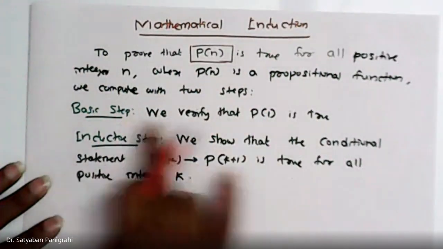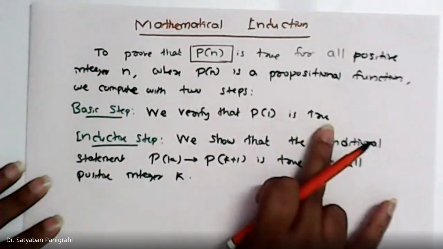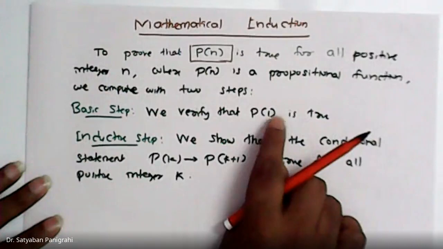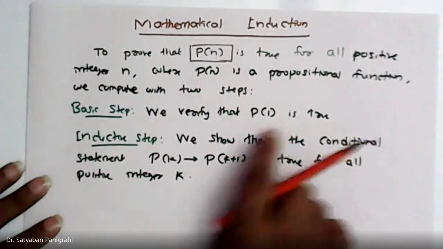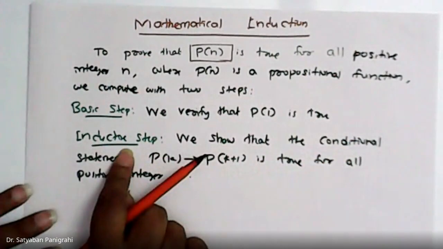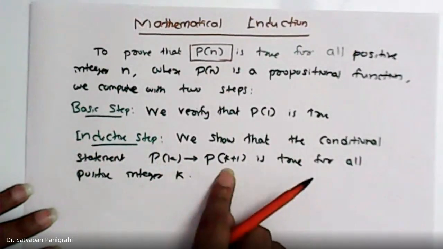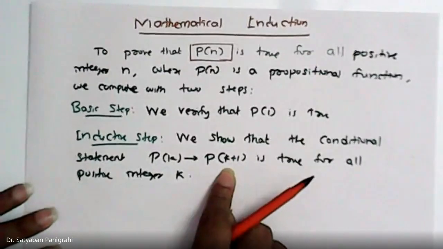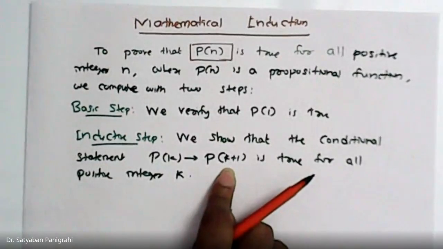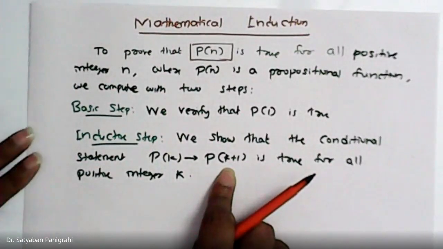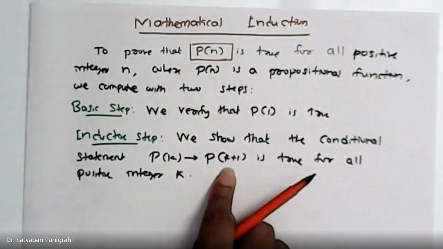In the basic step, we simply verify that P1 is true or not, means first the proof is initiated or not. After that, in the inductive step, we assume Pk and show that Pk implies Pk plus 1 is true. Then, in terms of mathematical induction, we can say the statement is true for all the value of n.